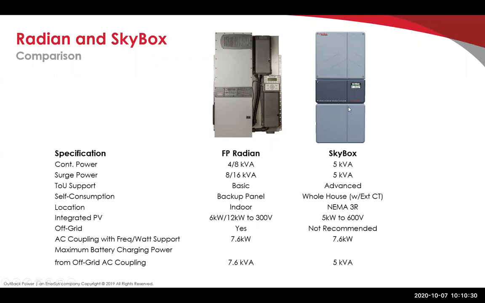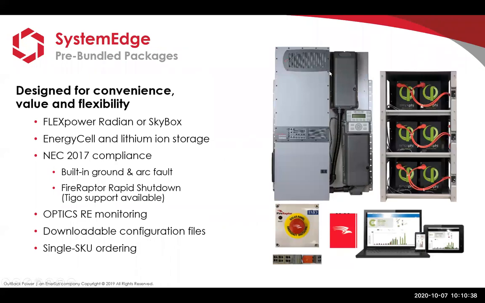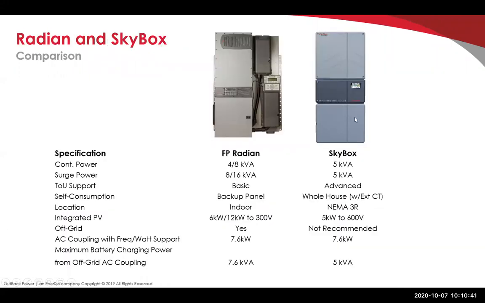With the SkyBox, the charge controller function, that DC to DC converter, is built into the inverter system, just like a grid-dependent inverter. It's got the DC to DC converter built into it.